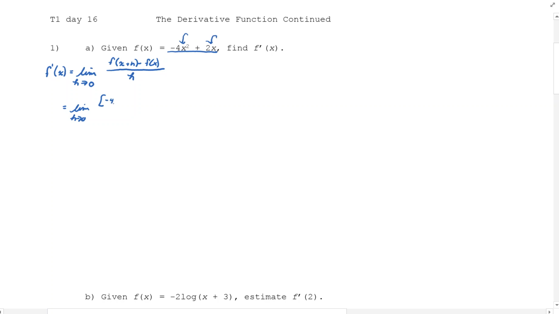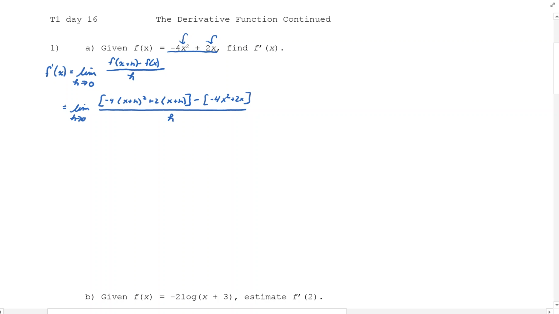So negative 4 parentheses x plus h squared plus 2 parentheses x plus h, and that's plugging x plus h into my f at x. And the minus f at x, which is negative 4x squared plus 2x, all over h.